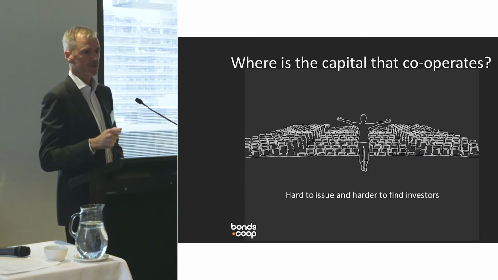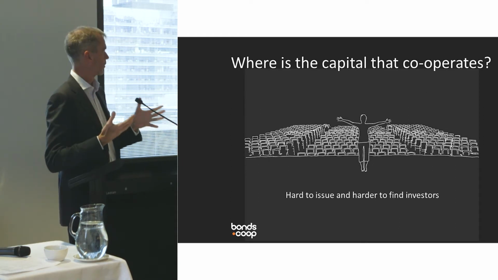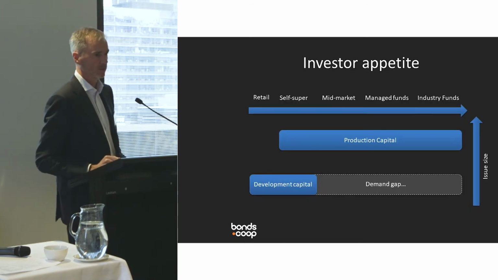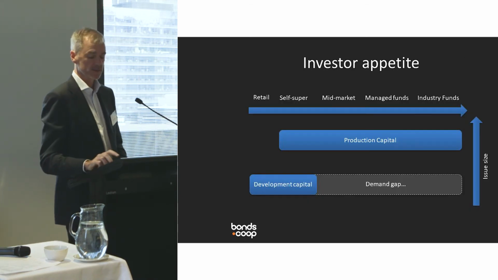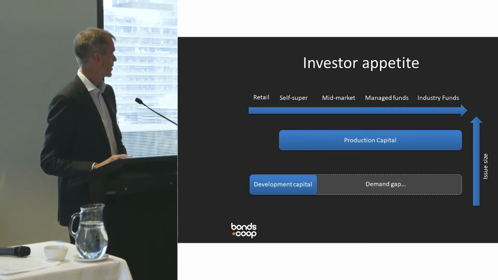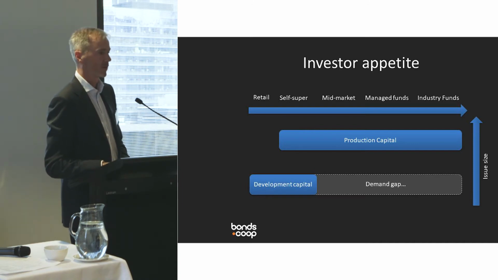So where we are is we've got a really flexible instrument, but it's proven to be hard to issue and it's even harder to find investors. Having said that, we're not without hope. Investors are basically herd creatures and they like things that are familiar.